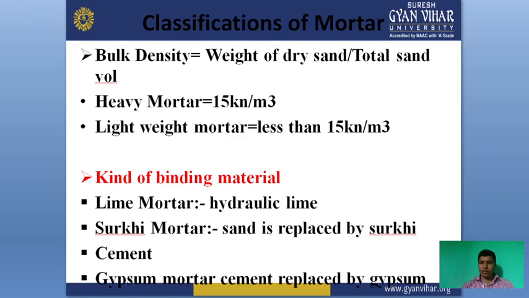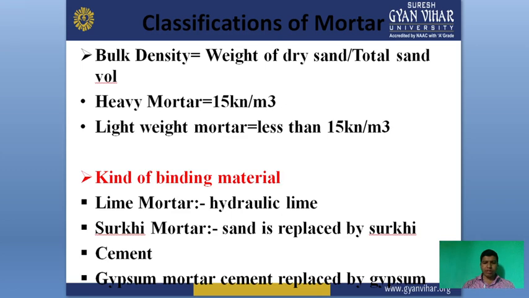Cement mortar requires proper curing to achieve proper strength and durability. In this type of mortar, the ratio of cement to sand varies from 1 is to 2 to 6 by volume, depending on the strength and the importance of the work. These are some properties of cement mortar used in plastering.